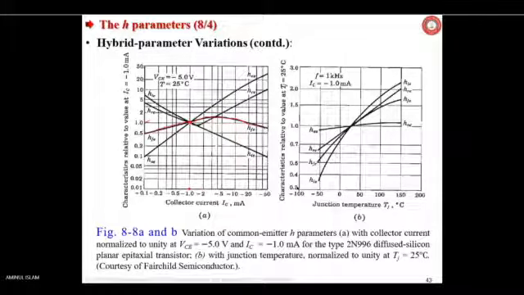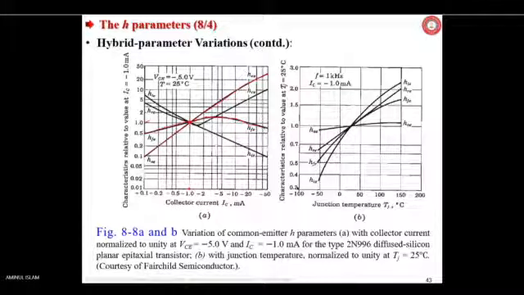I mean, HFE is 1, and if you decrease the collector current, you get a lower value, it comes to 0.5, and it is increasing here. If you see the HOE, then with increase of collector current, it keeps on increasing.